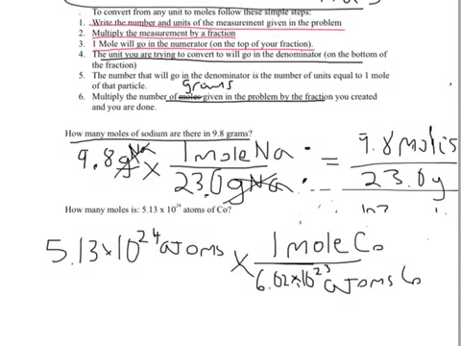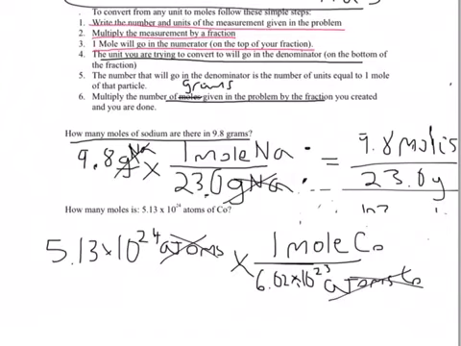Now when I multiply these, atoms would cancel. 5.13 times 10 to the 24th is going to go on the top. 6.02 times 10 to the 23rd will go on the bottom. Make sure when you put this in your calculator that you put the second number in parentheses. Otherwise, your answer will come out wrong.